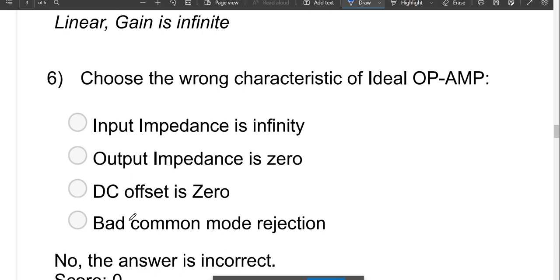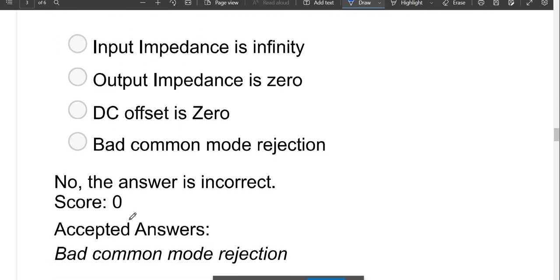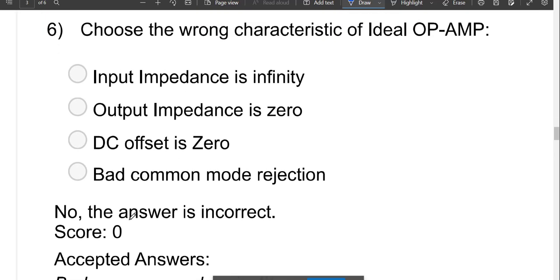In case of any noise, if you want to eliminate the noise, you can use this op-amp to cancel out the common mode signal. Common mode is differential voltage, ma'am.